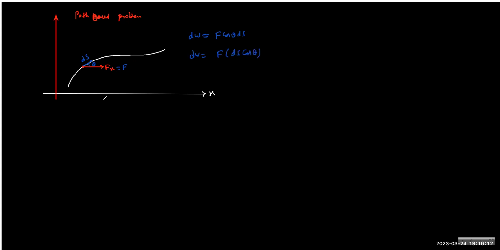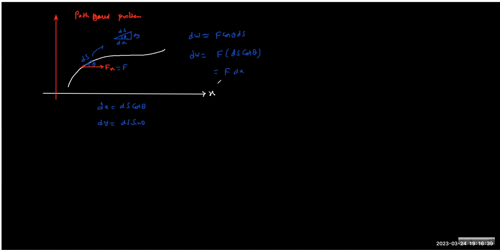And you will realize that the ds, if you zoom the ds part, you can make a right angle triangle. This is theta, this is dx, this is dy. And you can realize something. What is dx? And therefore, this will actually become F dx.